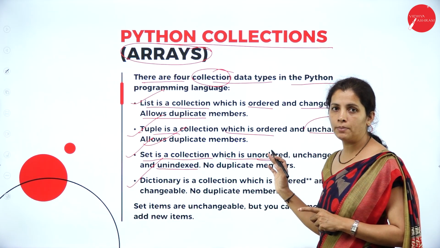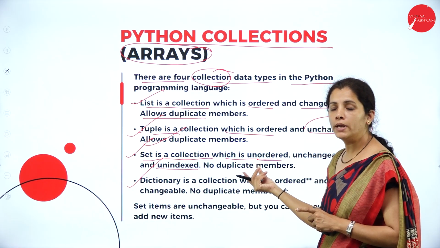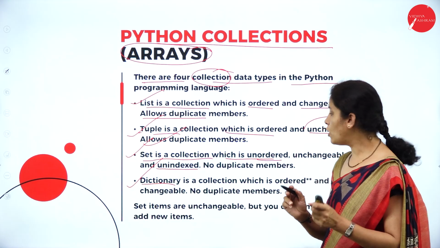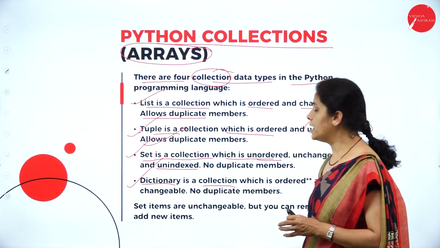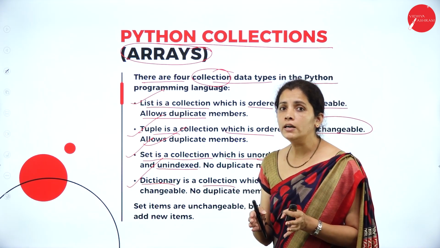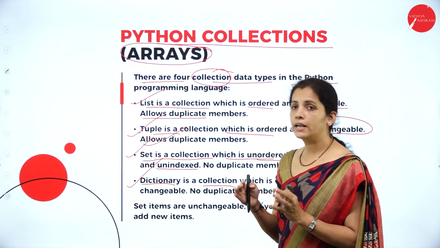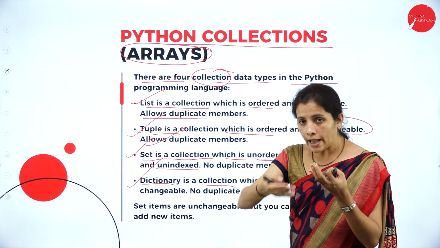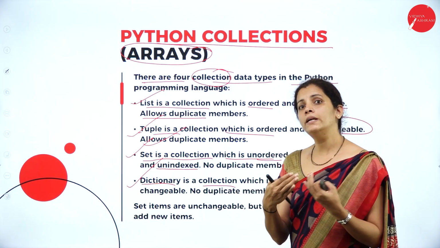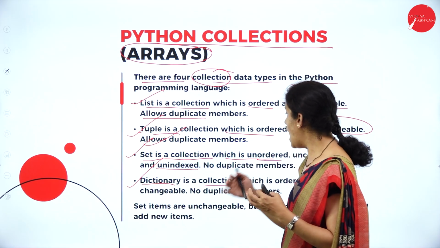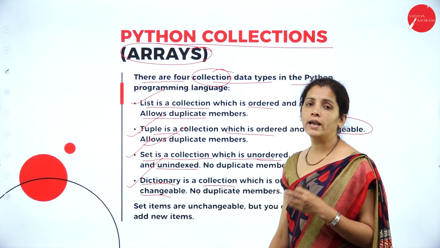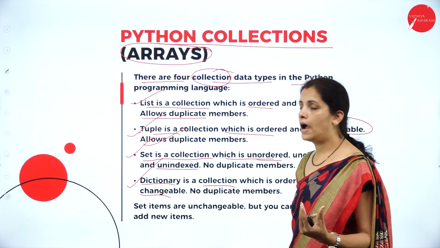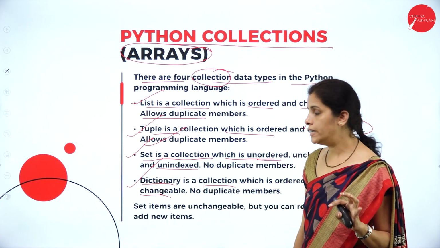What is no duplicate members? I don't have duplicate entries. Now, if I consider a dictionary, it's also a collection and it is ordered. Ordered in the sense that the way I stored the elements, I can extract them in the same order, and it is changeable. So I can modify the dictionary elements and there are no duplicate entries.